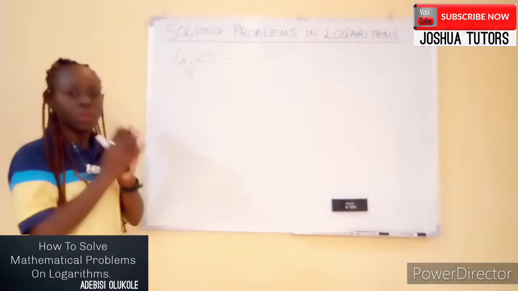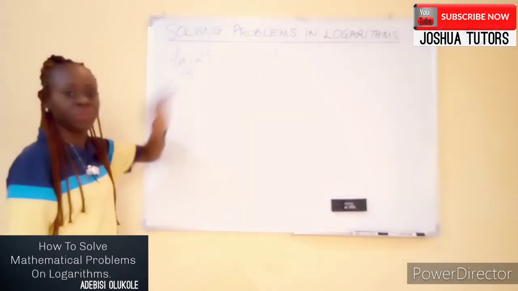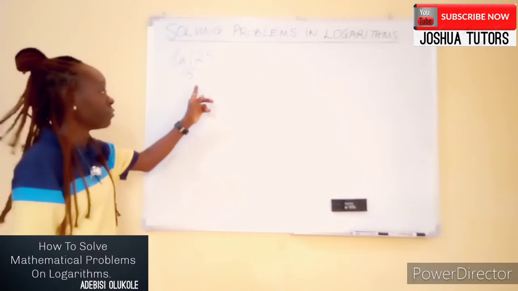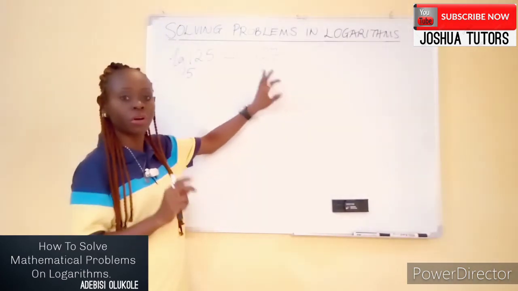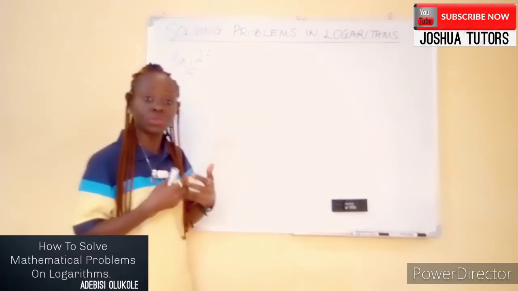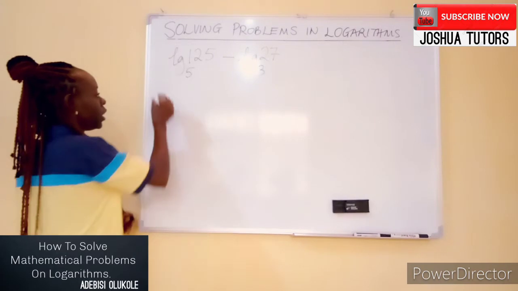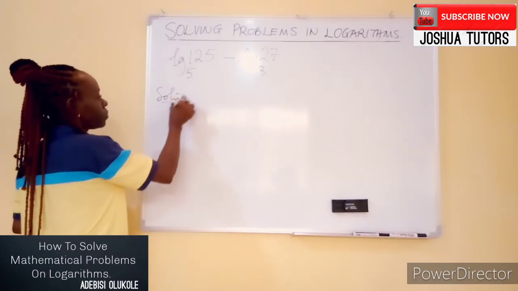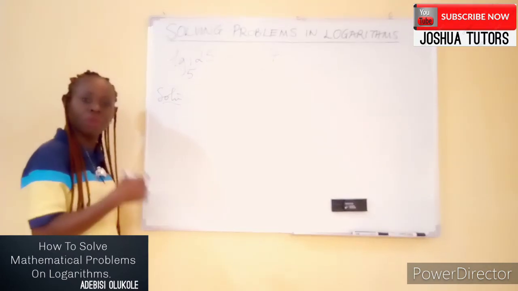Just look at the whole numbers. The whole number here is 125, a complete multiple of 5, while the whole number here, 27, is a multiple of 3. So you know you can reduce each of them to the power of their base. We're going to start with the first one. Log of 125. 125 is 5 raised to the power of 3.